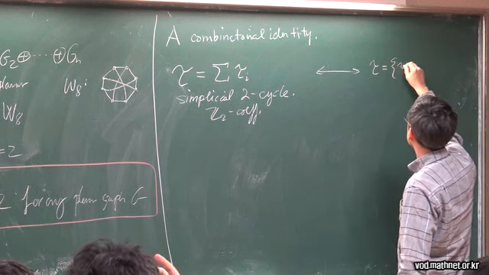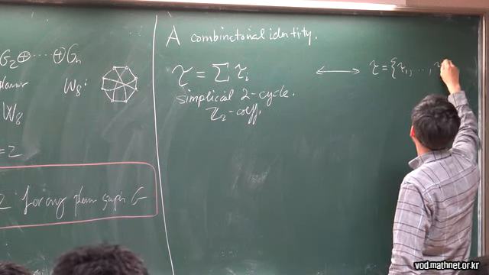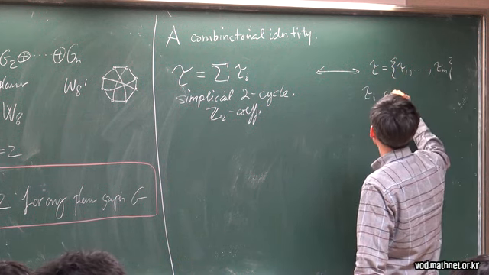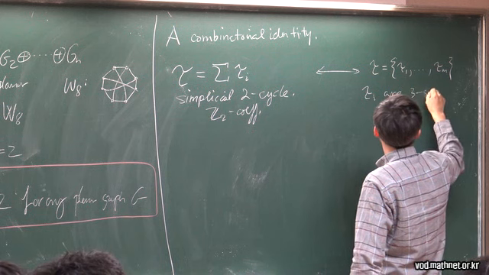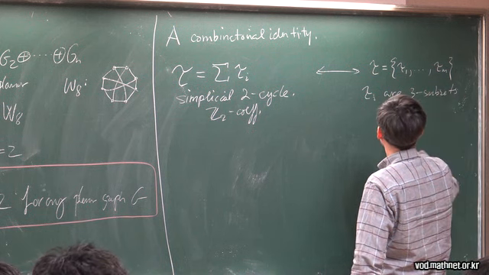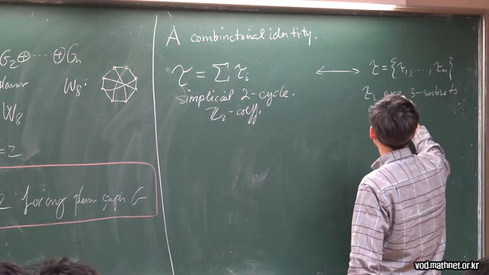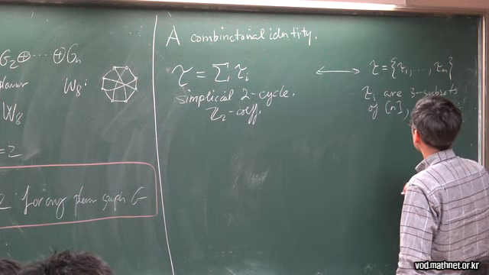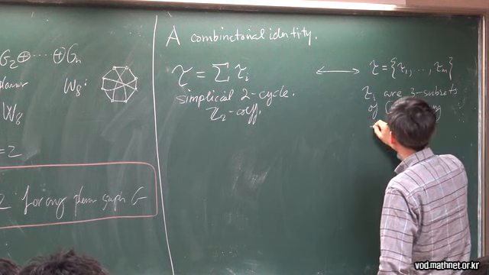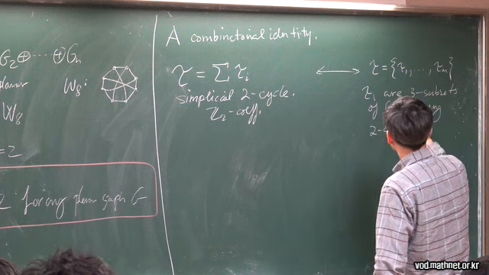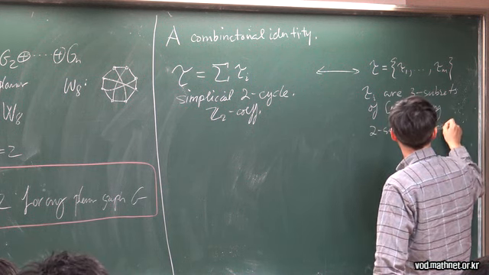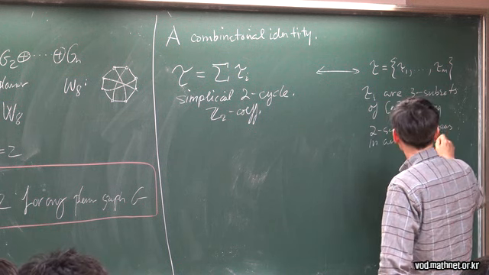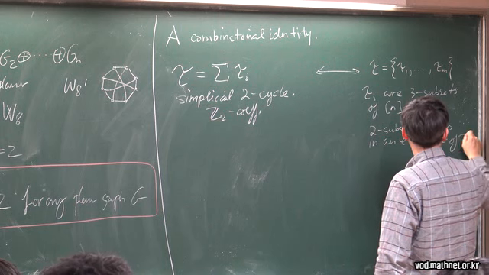So tau is a set tau 1, ..., tau m, tau i are three-subsets of some finite set. Every two-subset appears in an even number of tau i.